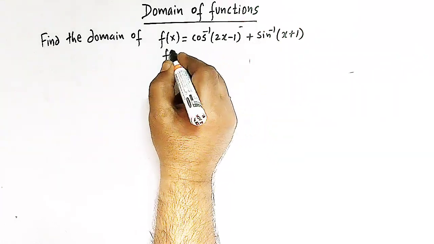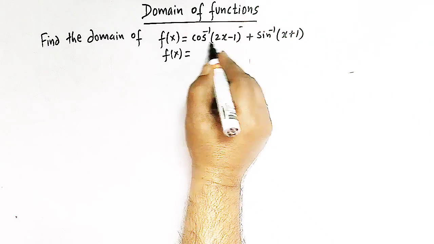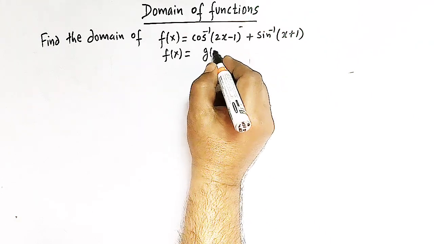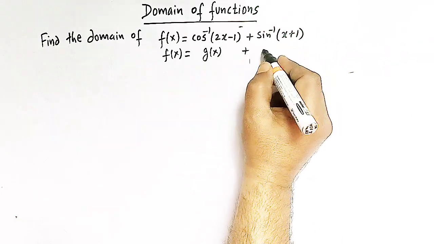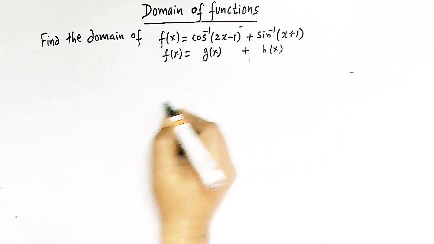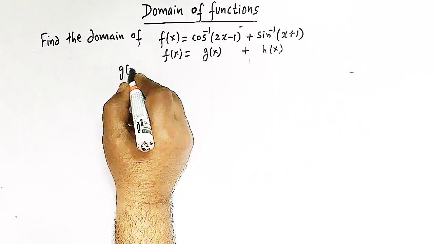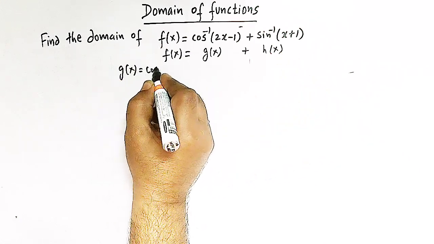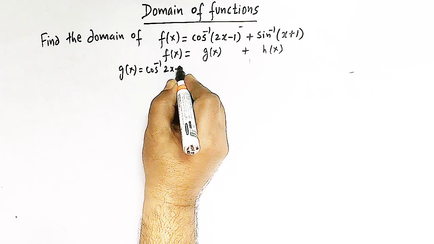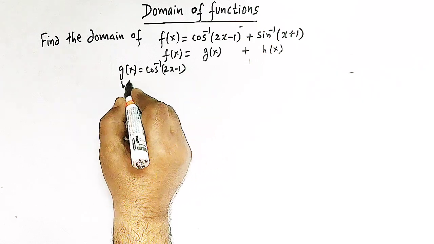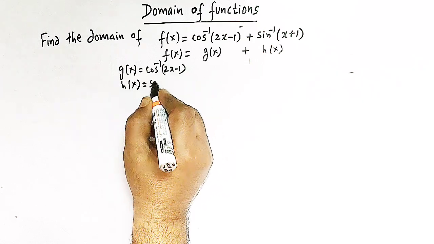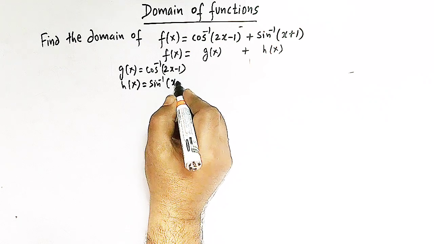So let us assume this function as g of x and this function as h of x. So g of x is cos inverse of (2x minus 1) and h of x is sine inverse of (x plus 1).